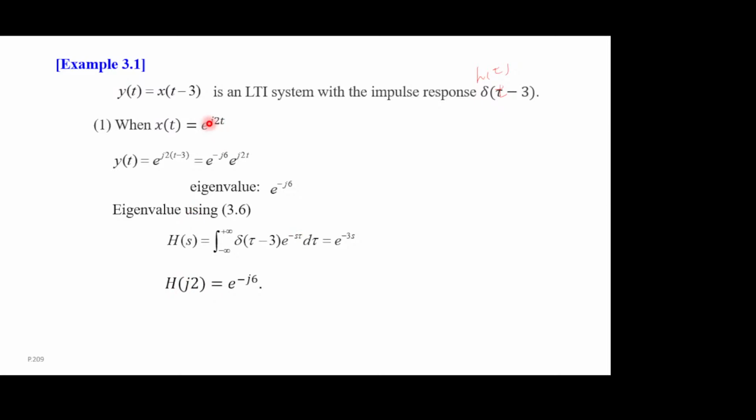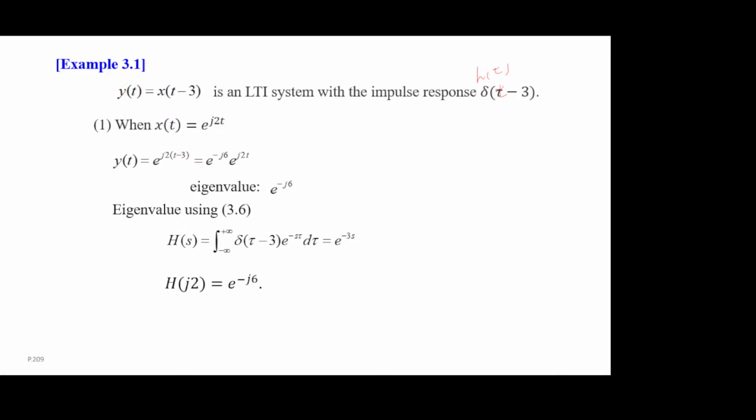Now you put s equal to j2, because here we have a purely imaginary s equal to j2. This is e to the st, so s is purely imaginary j2, and h of j2, when you plug in, is e to the minus j6. That is the eigenvalue you calculate by plugging your x directly into this relation.